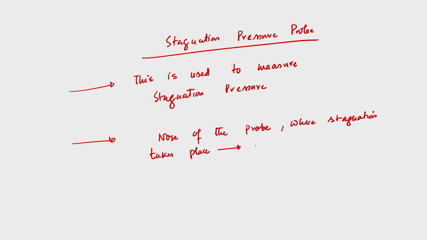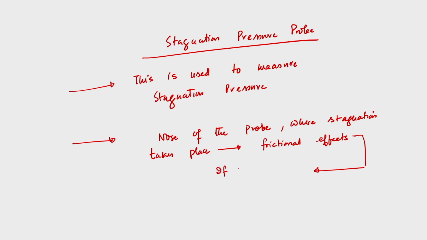And the effect of measuring this stagnation pressure will result in frictional heating, or I can write frictional effects. But this frictional effect can be ignored if it is uniform steady flow, but we cannot always ignore it.